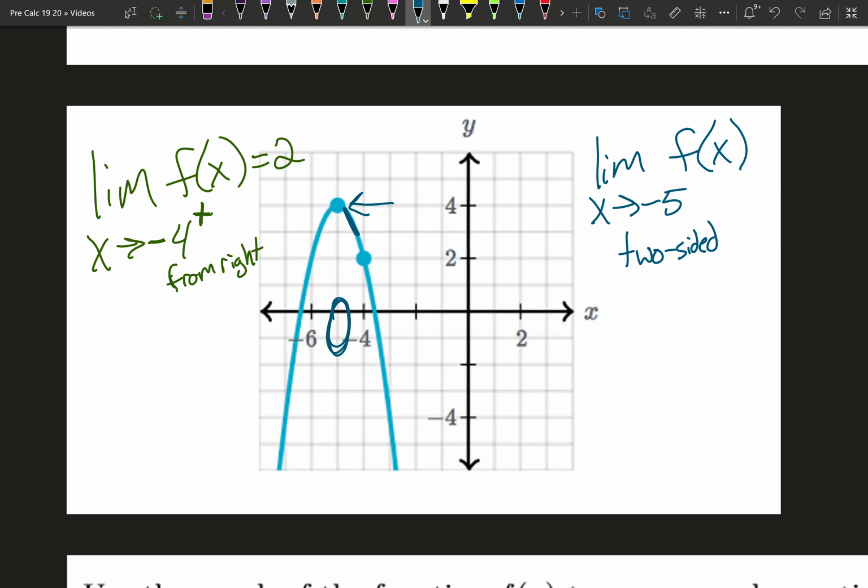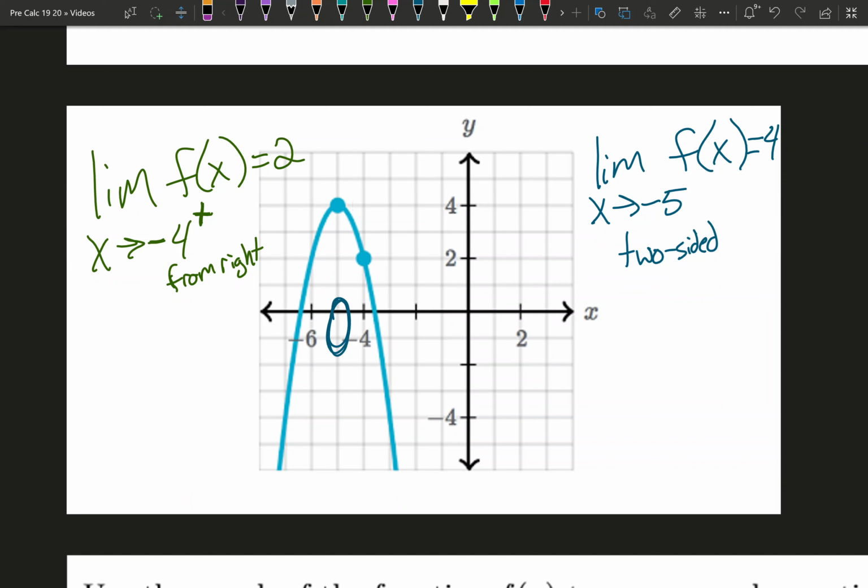As x approaches -5 from the right, the y-coordinate is approaching 4. As x approaches -5 from the left, again, we're following the function, that y-coordinate is also 4. Since our one-sided limits are equal, the two-sided limit is going to be whatever that value is, so it's going to be 4, which is the y-coordinate of that point.